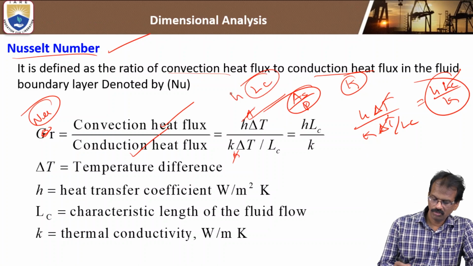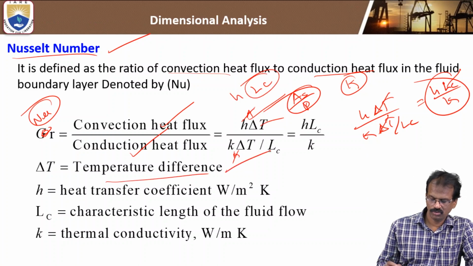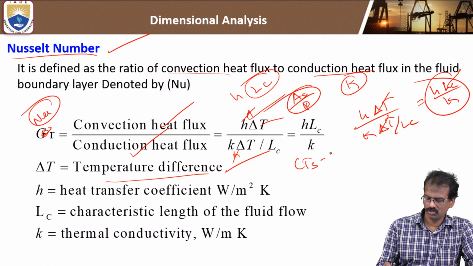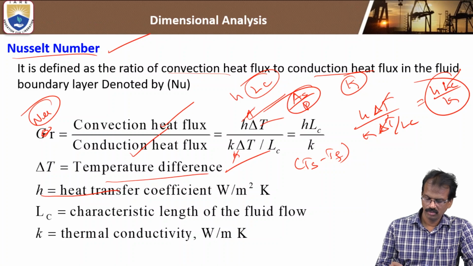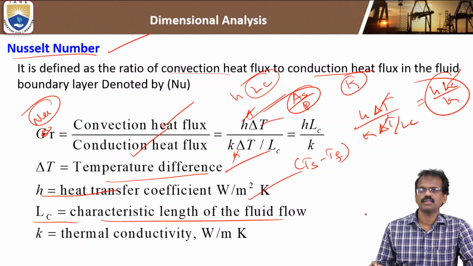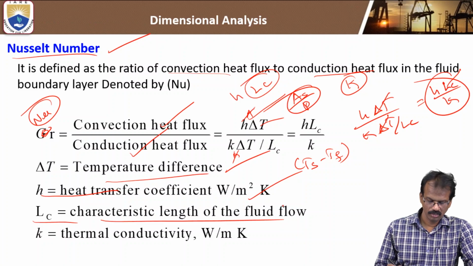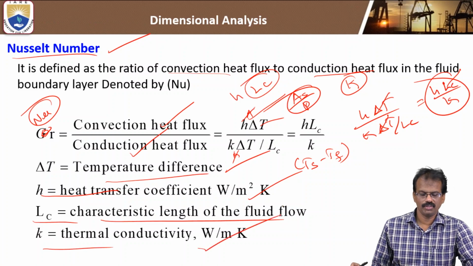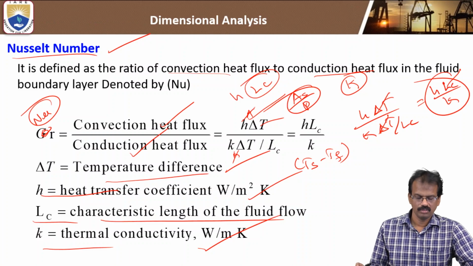Here delta T is the temperature difference, surface temperature minus fluid temperature. H is the heat transfer coefficient, in watt per meter square Kelvin. LC is the characteristic length of the fluid flow, and k is the thermal conductivity of the material.